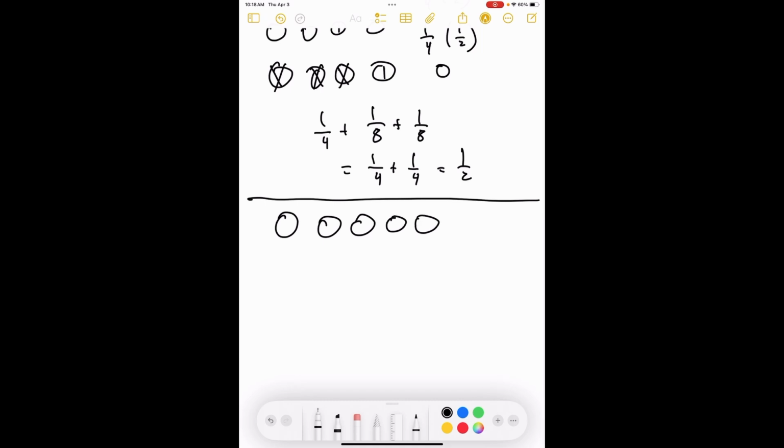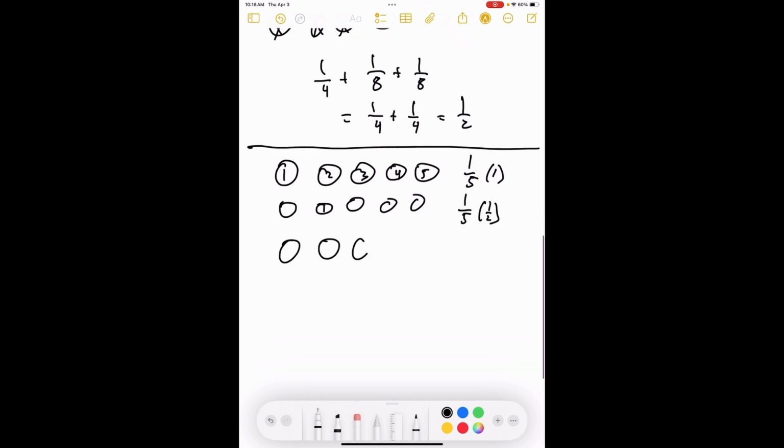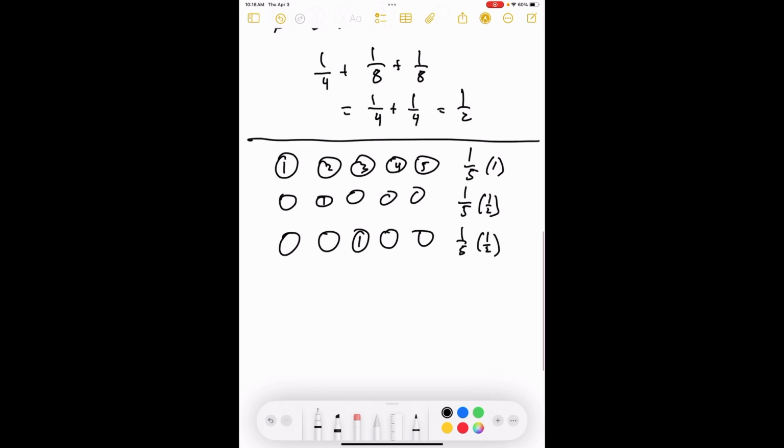5. So first, if he sits here with probability 1/5, then everybody else gets their seat. And if he sits here, we've reduced it to the 4-seat problem. So that's 1/5 times 1/2. And if he sits here, we've reduced it to the 4-seat problem, so that's another 1/5 times 1/2.